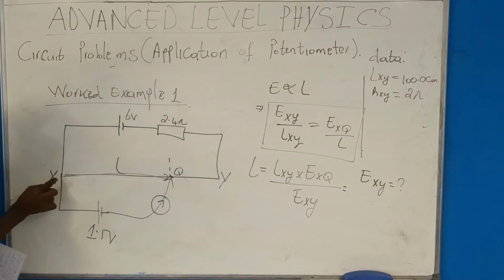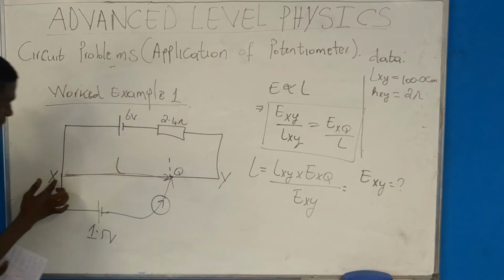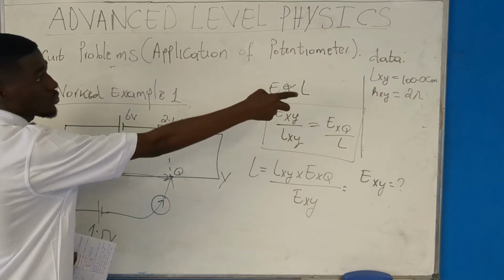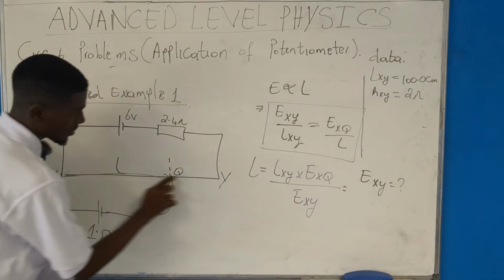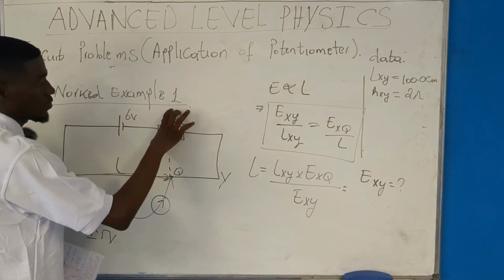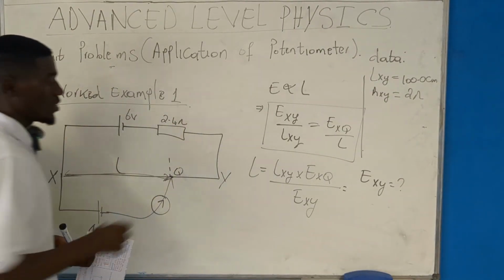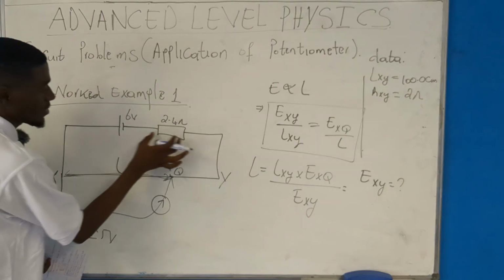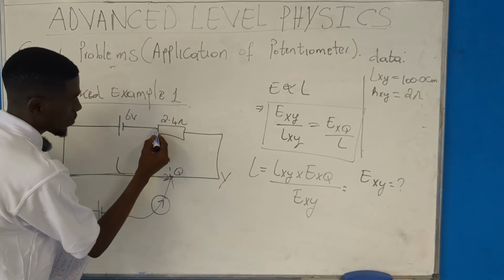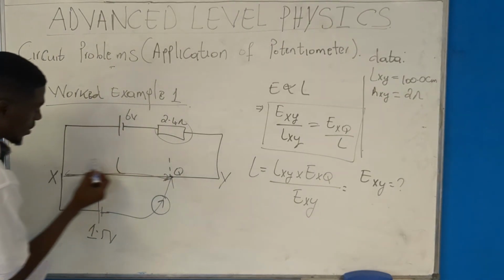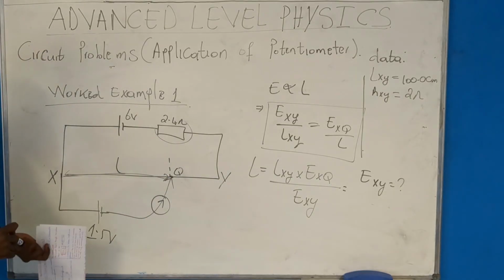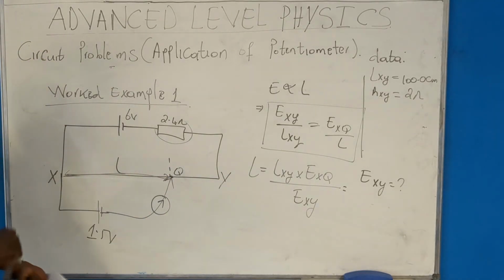The resistance of XY is 2 ohms. So there is the resistance of the wire here, and we also have our resistor here. It means that this 6 volts, since these two are in series, is being shared between them.